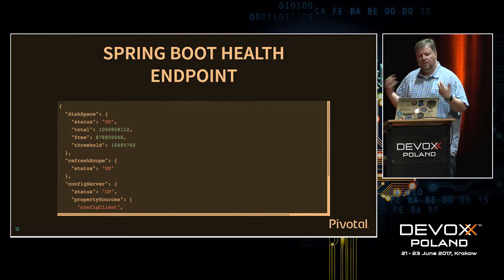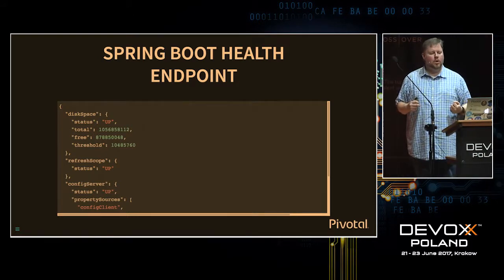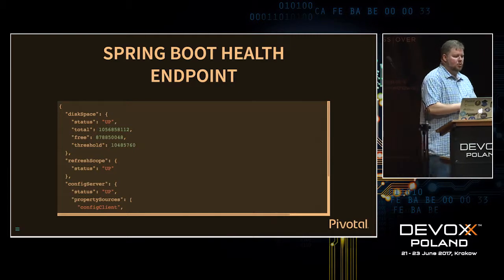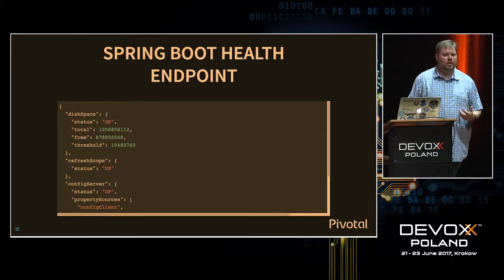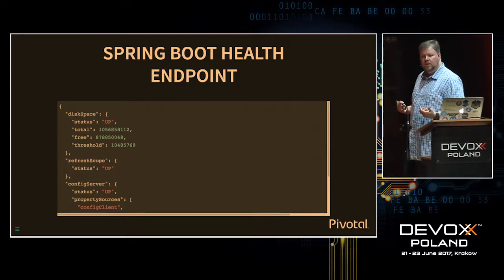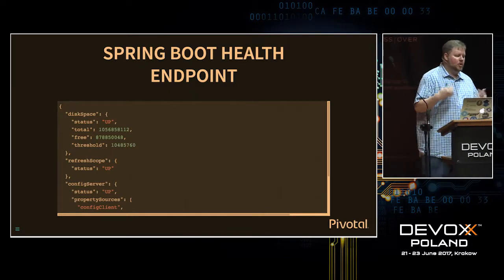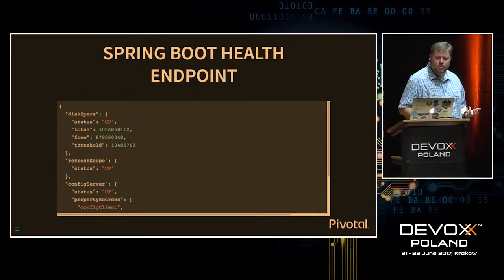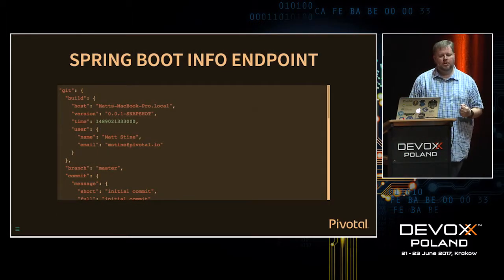And then the health indicator subsystem is going to aggregate all those components to give you an understanding of, well, what is the health of this particular service? And then I can write my own health indicators for things that don't come out of the box, just by implementing a very basic health indicator interface.